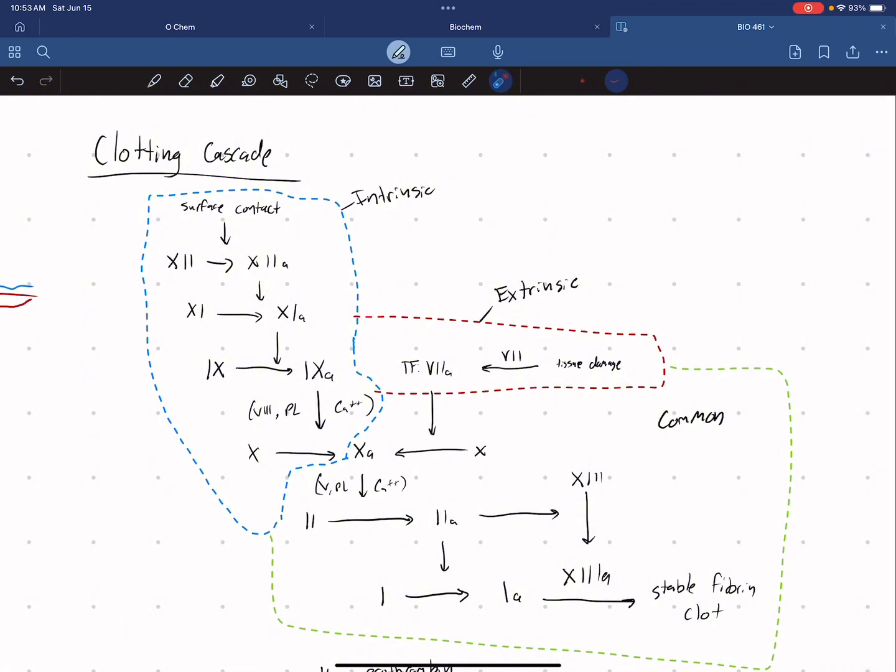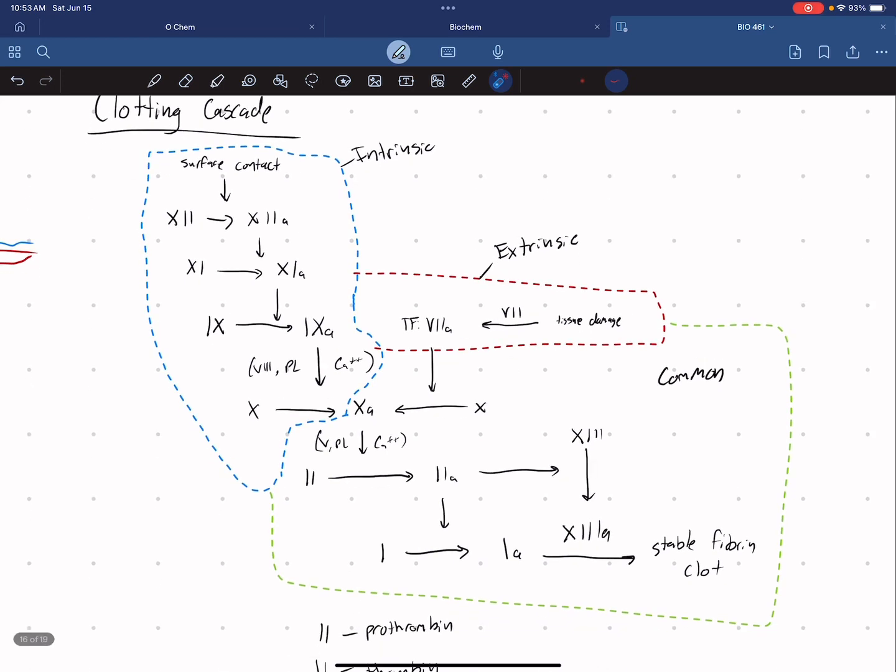Our extrinsic pathway on the outside is here, where we have the tissue damage, which is what we went through in the platelet plug. And that tissue damage with factor 7 will cause 7A to become activated, which will then come down to this part of the cascade where we take 10 to 10A, which is also activated by factor 5, PL, and calcium, to take 2 to 2A, which will allow, here we have 13 to 13A right here.